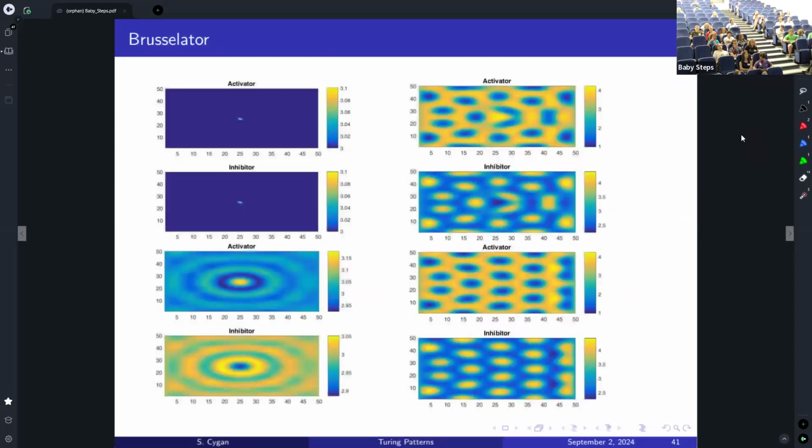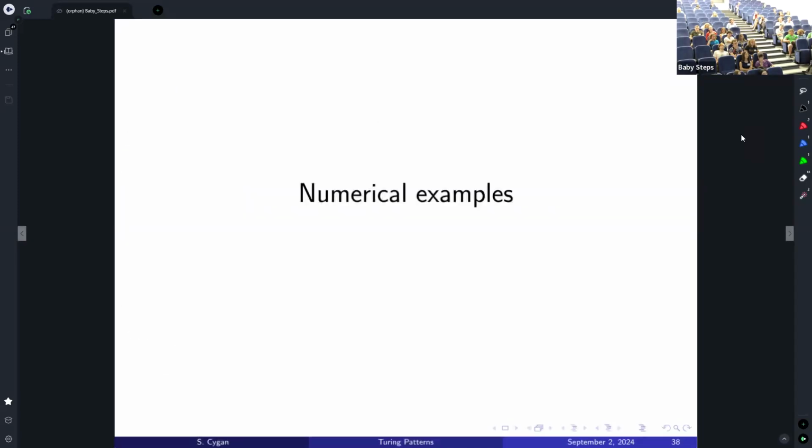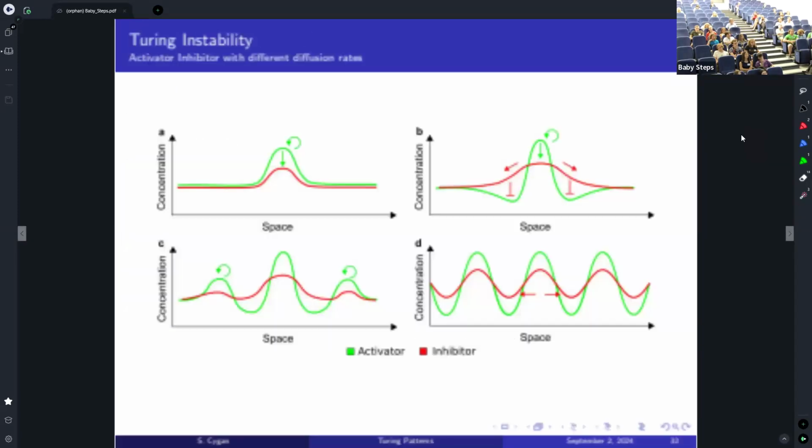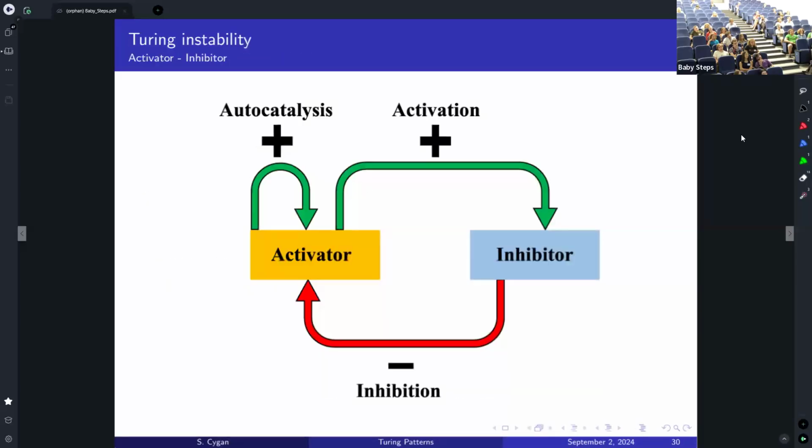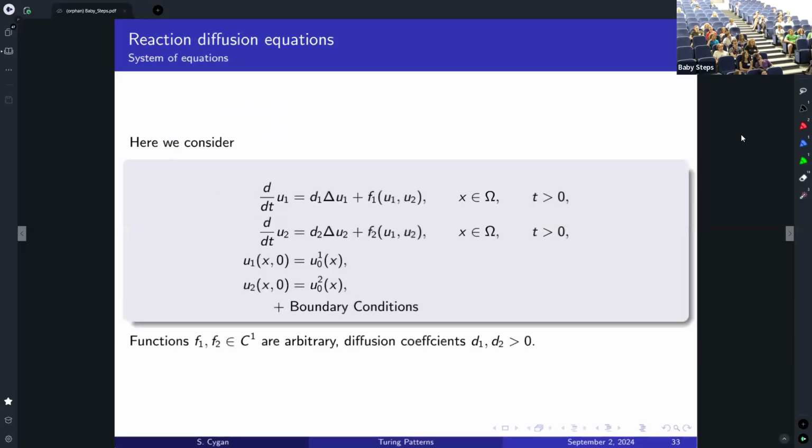I was a bit cheating here, because when I considered this reaction-diffusion system, I only showed the destabilization of the constant states. I didn't show that the patterns really exist. I showed that if I have a constant steady state, it will not be stable and it will diverge, so it will become unstable.